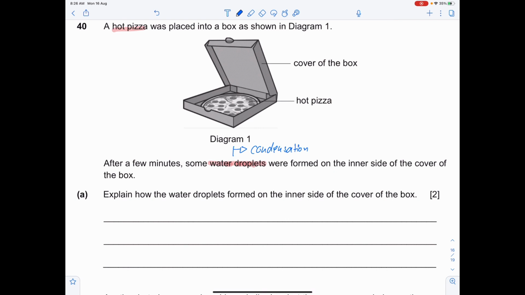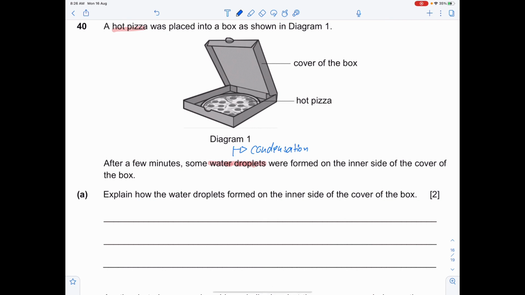So what's going to happen is that water is just going to evaporate off from your pizza, because the water inside is warm, so it will evaporate, and then after that become water vapor, warm water vapor. That's your first scenario.